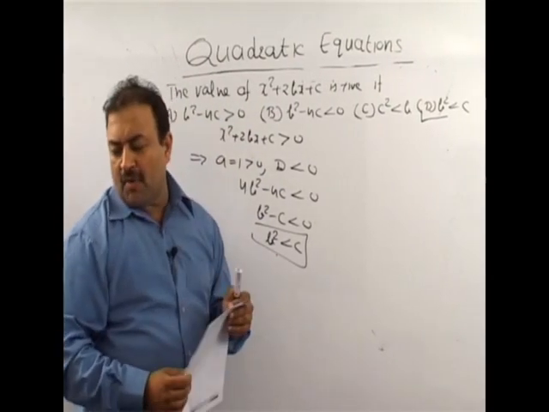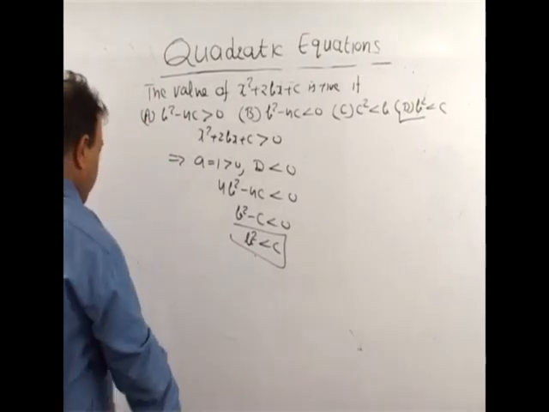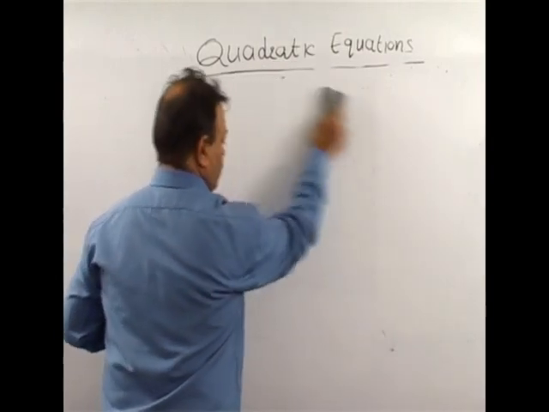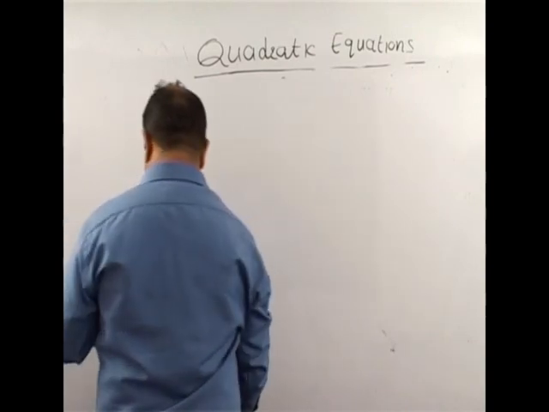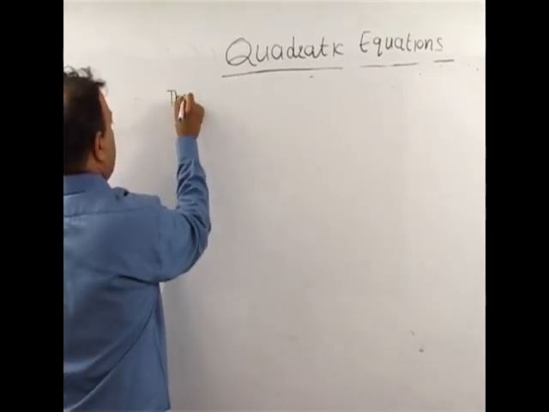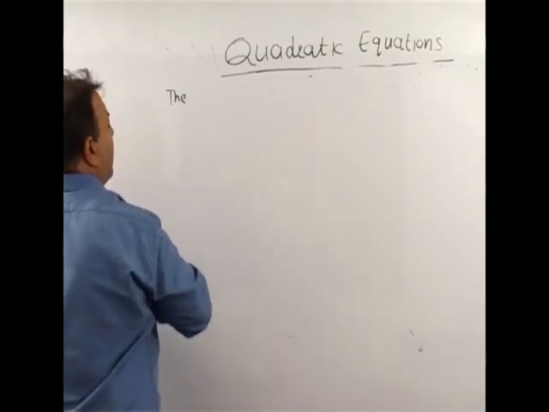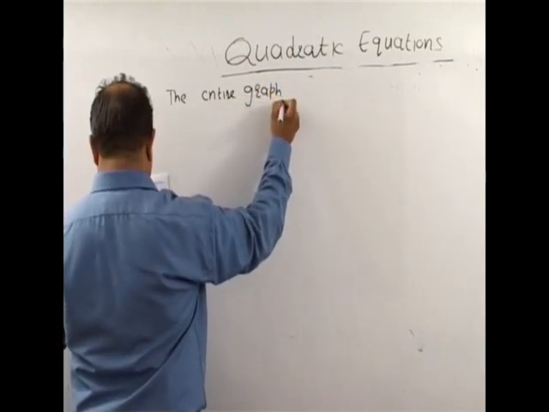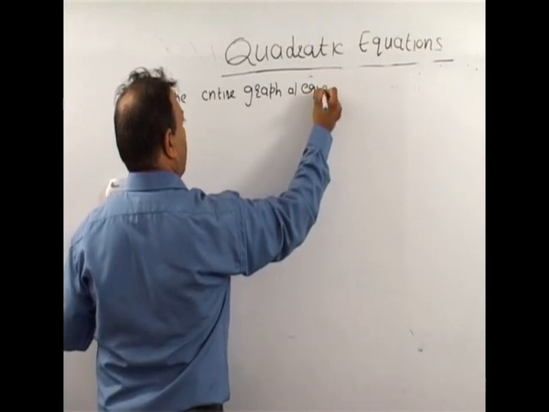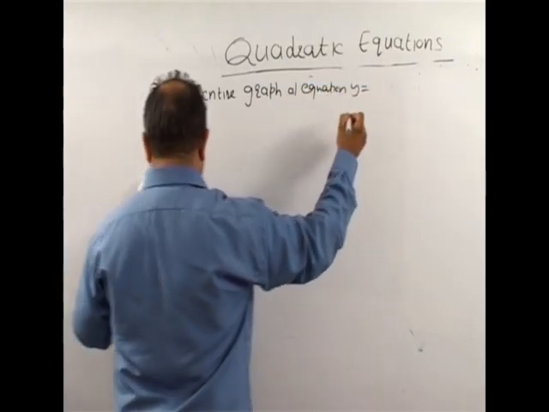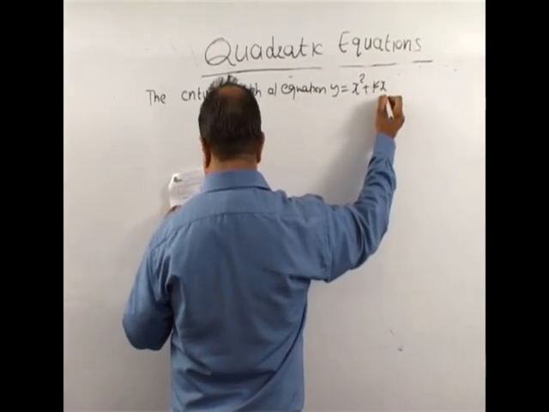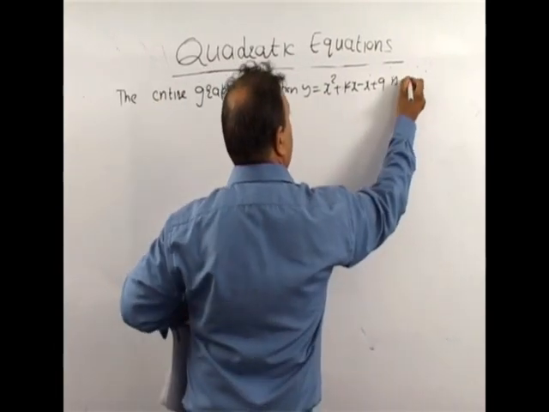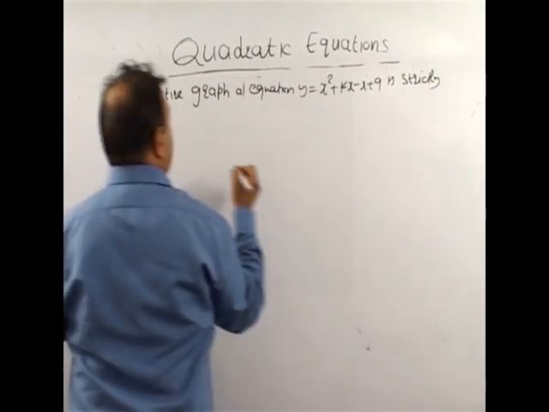Now similarly, we take another problem of our assignment. The entire graph of the equation y is equal to x square plus kx minus x plus 9 is strictly above the x-axis.